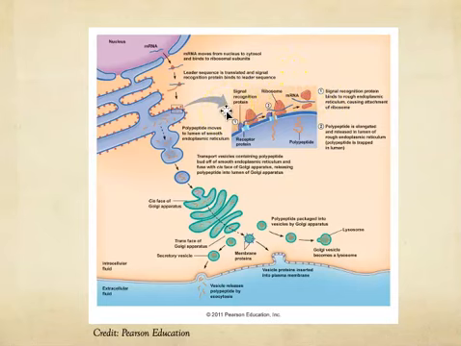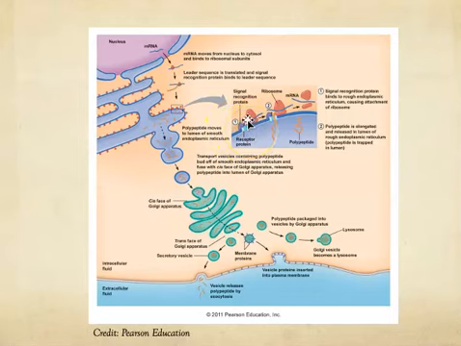The signal recognition particle is going to bind to those 15 or 20 amino acids, and then the signal recognition particle is going to bind to its receptor in the translocon. The ribosome will be brought down and it will bind to its receptor on the translocon.